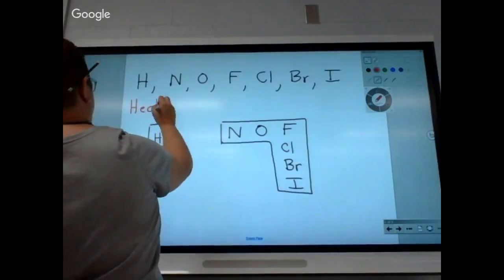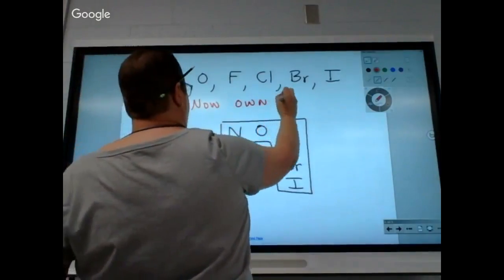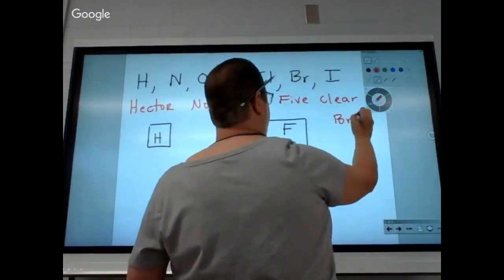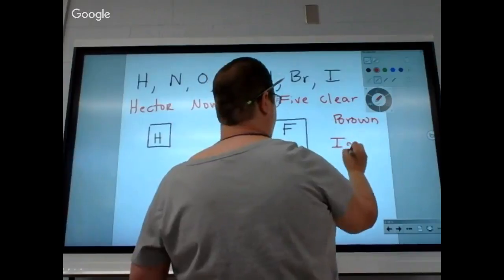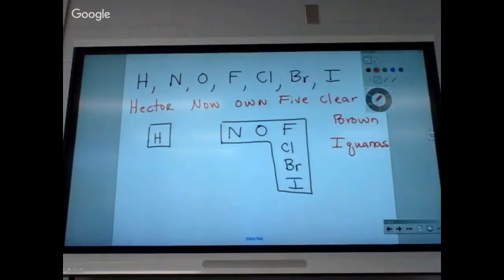All right. Hydrogen, nitrogen, oxygen, fluorine, clear, brown, iguanas. How do you know clear brown iguana? You don't. All right. However, it's a stupid sentence, but it's one that's fairly easy to remember. So if you're somebody who likes to remember stupid sentences, it's an easy one to remember.